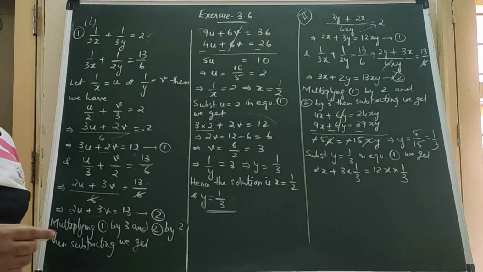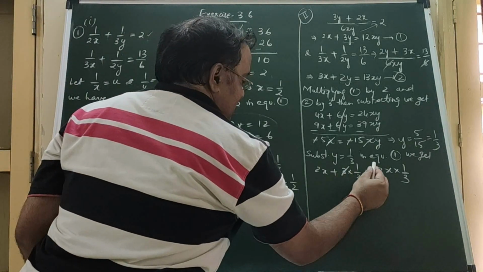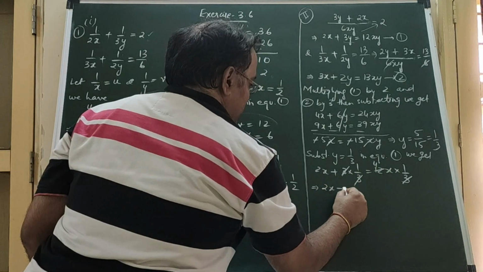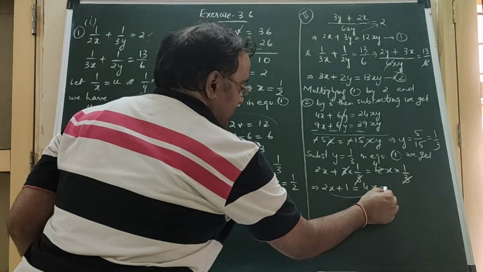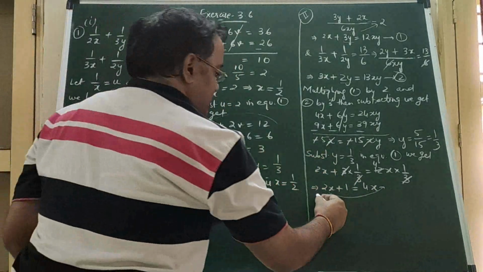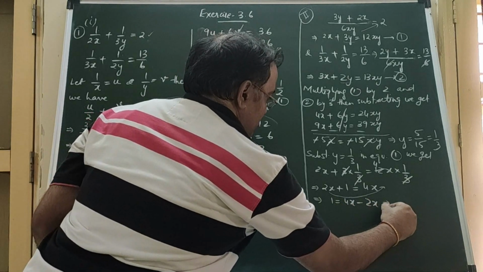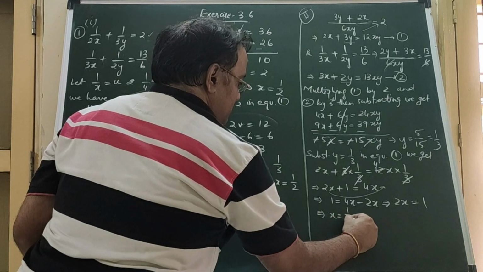तो y दो जगह पे वहां पे सब्स्टिट्यूट कर देंगे, substituted y is equal to 1/3, सो ये कैंसिल हो गया. See carefully, 2x plus 1 is equal to 4x. Now shift 2x to this side, that will become minus 2x. So इसको लिख सकते हैं 2x is equal to 1 और x is equal to 1/2.